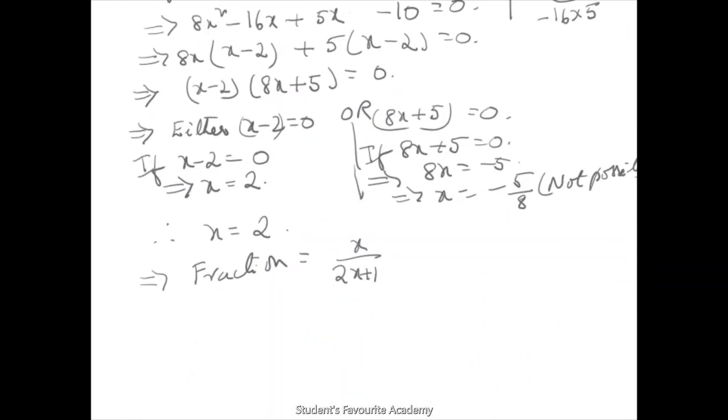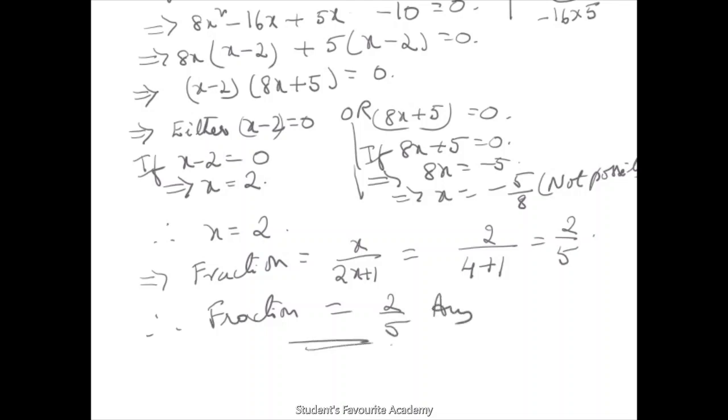So this becomes 2 upon 2 into 2, that is 4, plus 1, that is 2 upon 5. So therefore the fraction is 2 upon 5. Answer.